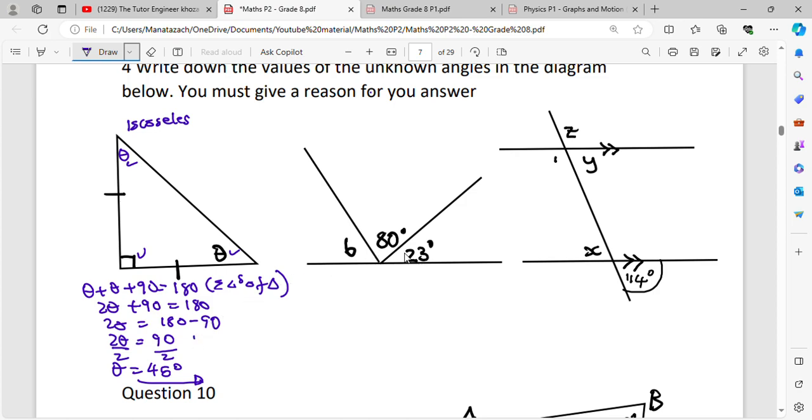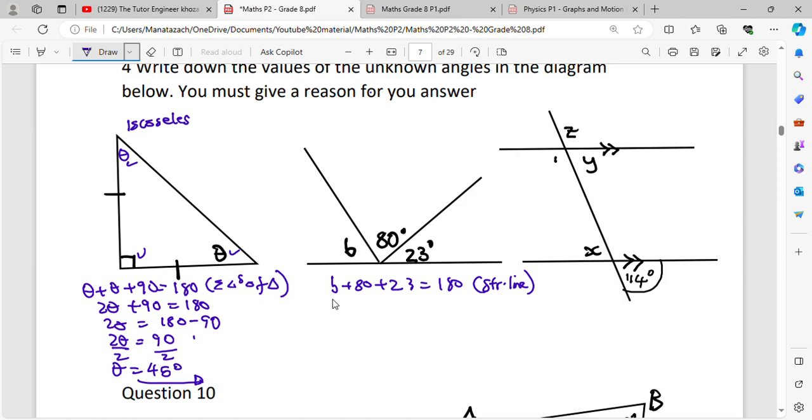Then the second question, you have B, you have 80, you have 23 degrees. They are all on a straight line. So basically here it's B plus 80 plus 23, they're 180 degrees. The reason is they are all on a straight line.